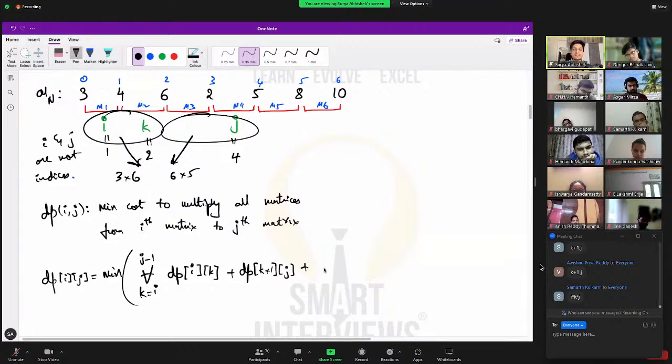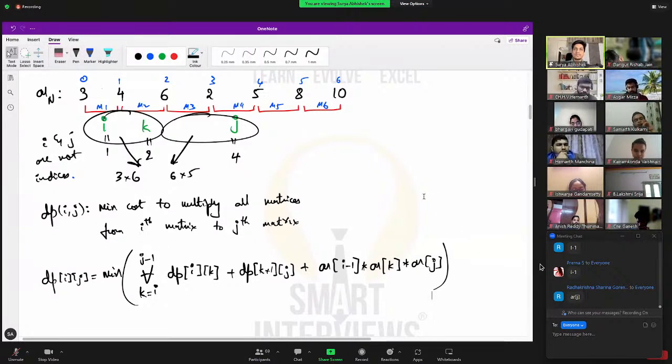So it is 3 into 6 into 5, which is nothing but array of I minus 1, which is 3, into 6, which is array of K, into 5, which is array of J. This is the time taken to multiply the two results, the I to K matrix and the K plus 1 to J matrix.